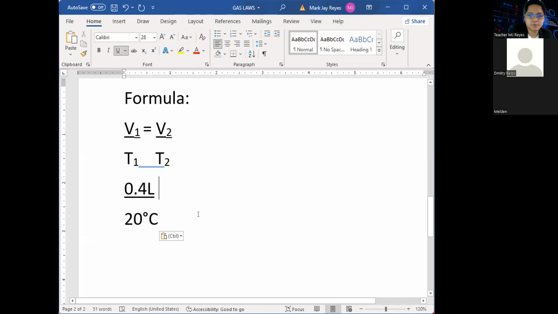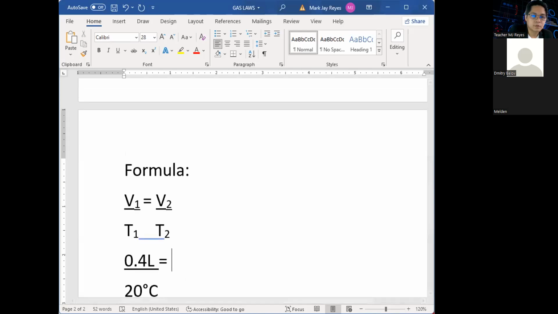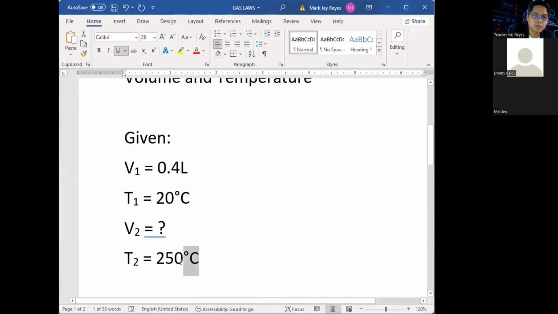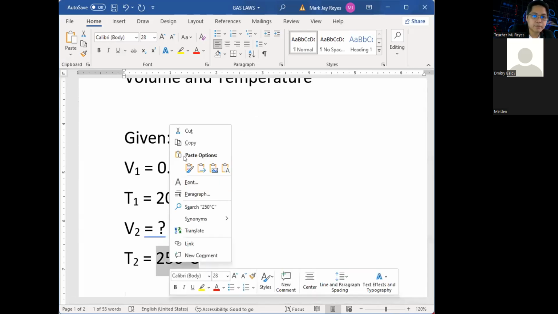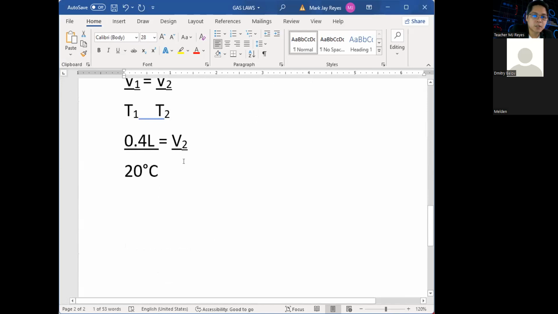Is equal to V2, because the V2 there is unknown. Let's just put there V2 over T2. So the T2 here is the final temperature, which is 250 degrees centigrade.